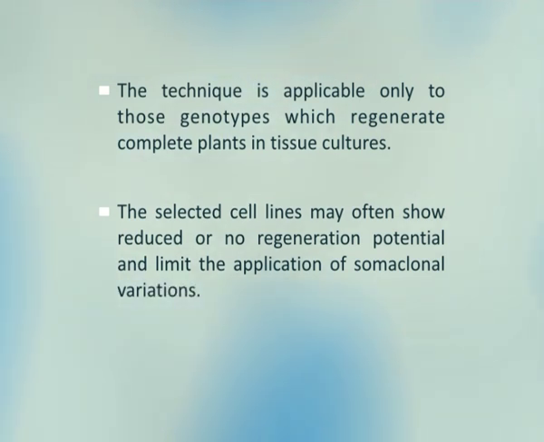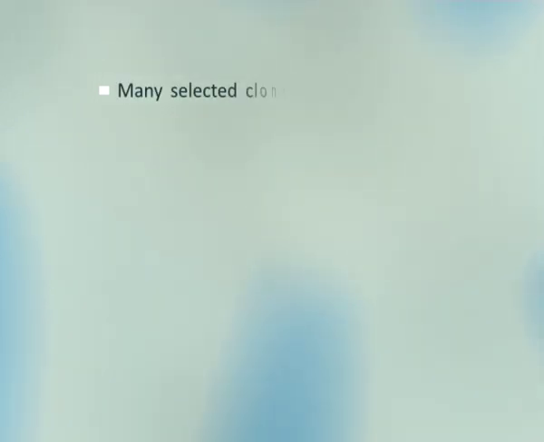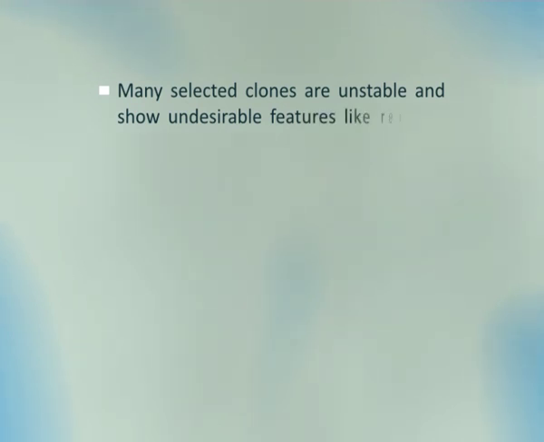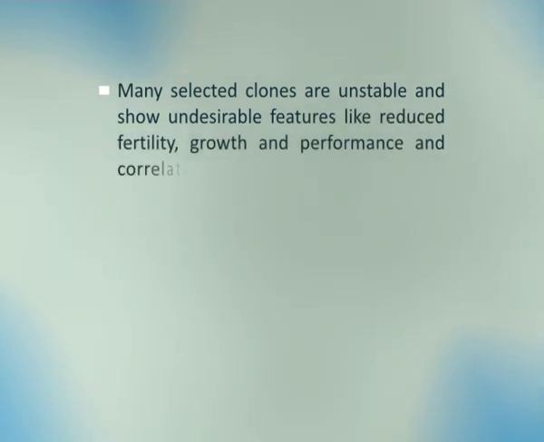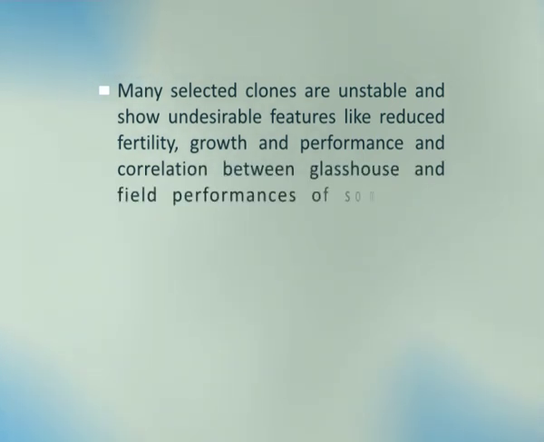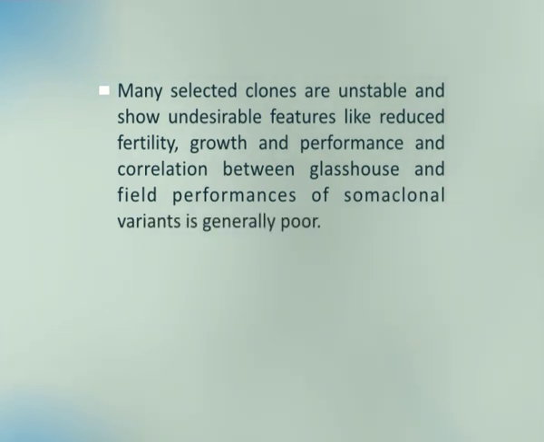The third limitation is many selected clones are unstable and show undesirable features like reduced fertility, growth and performance, and correlation between glasshouse and field performance of somaclonal variants is generally poor.